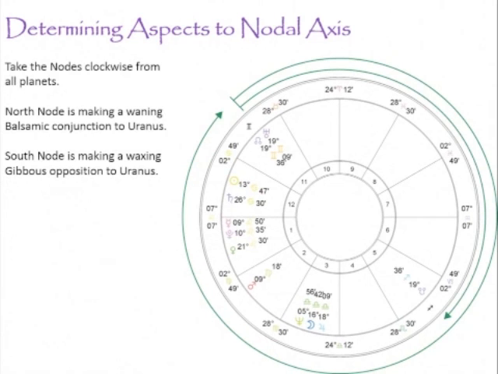When we are determining aspects to the nodal axis, and in this you can also include points in space like the ascendant, midheaven, descendant, nadir. Those are the four angles, ascendant being the first house cusp, nadir fourth house cusp, descendant seventh house cusp, midheaven 10th house cusp.